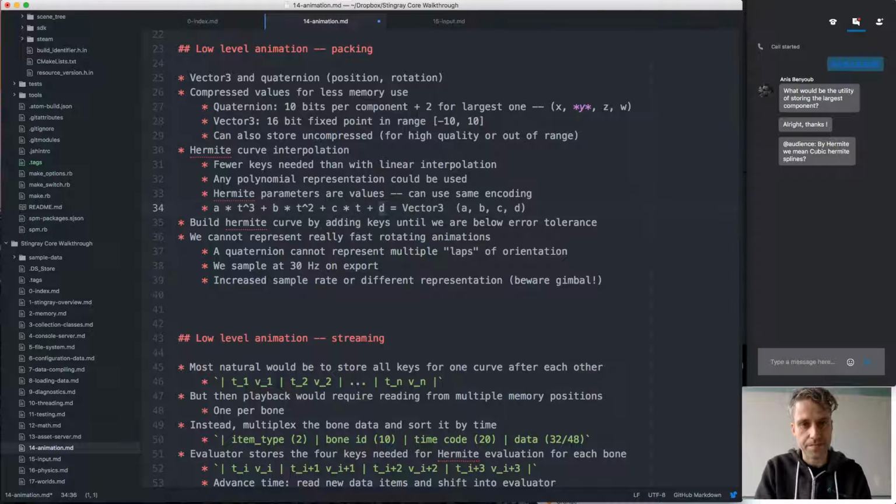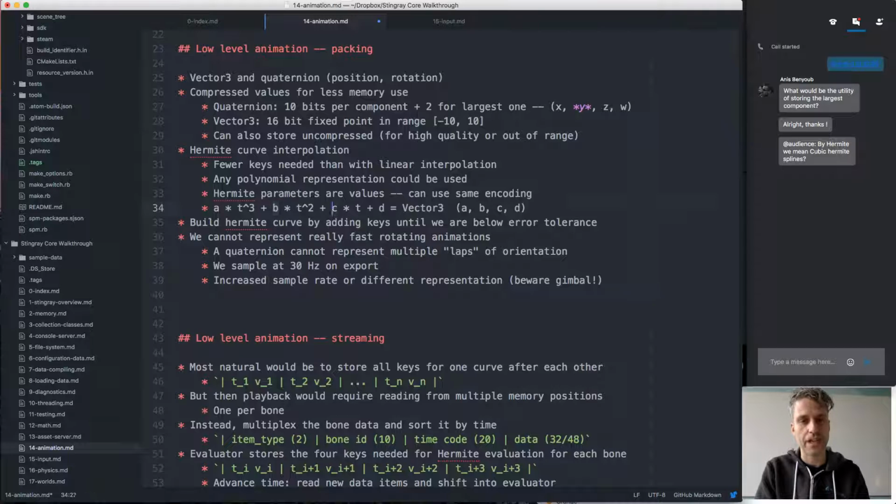this final parameter here has sort of the same dimensions as a vector 3, but these other things don't really have that. They are not necessarily in this range. They might be different kinds of values, and to compress them we would need a different kind of compression scheme.